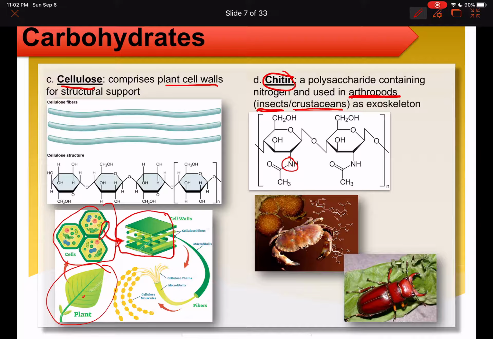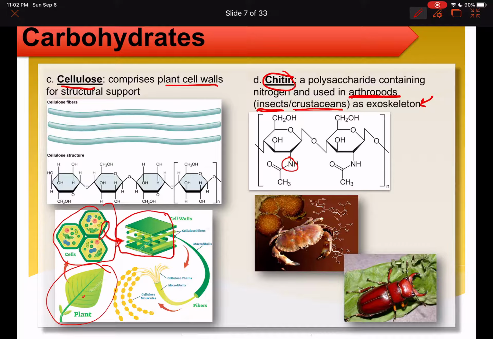Crustaceans are usually shelled organisms like crabs, shrimp, etc. Those usually have a very hard surface as their exoskeleton that protects them from predators or whatever it is in their environment, so they can avoid being eaten by other animals.